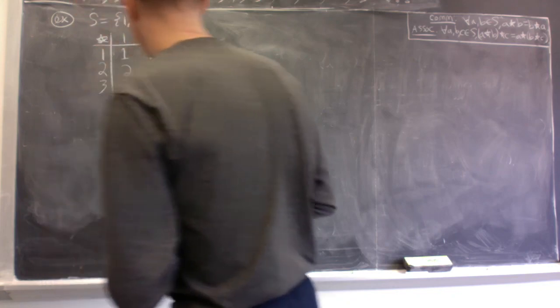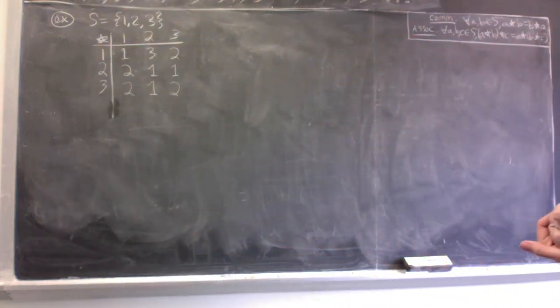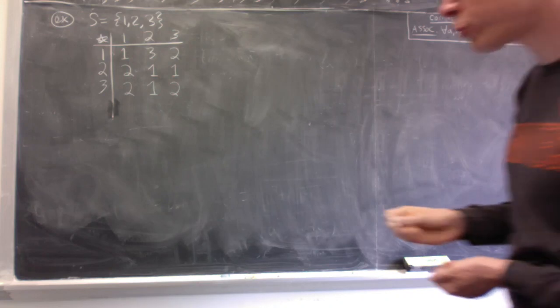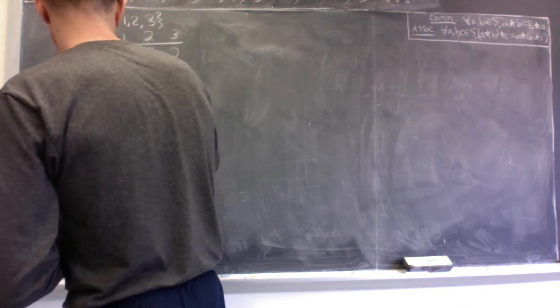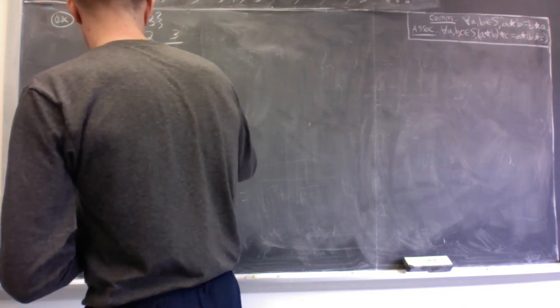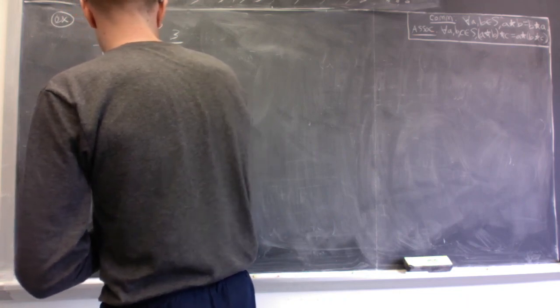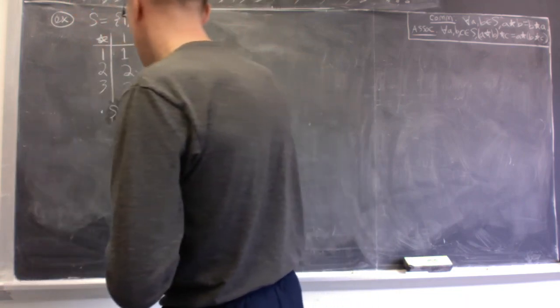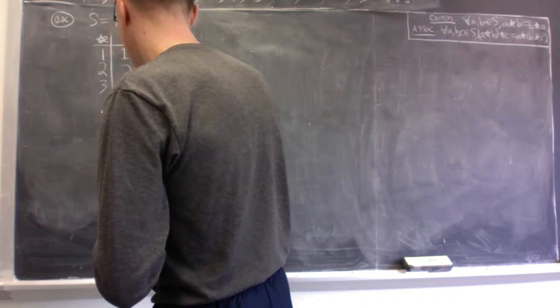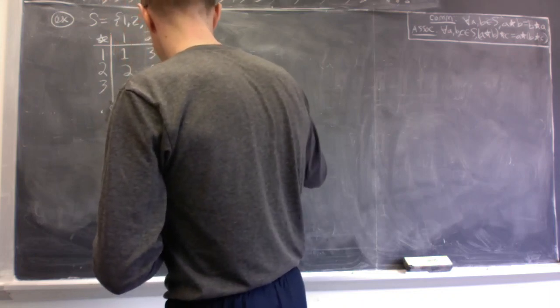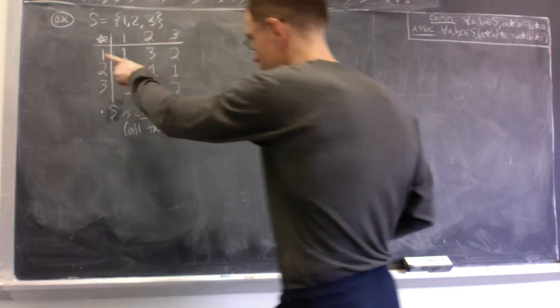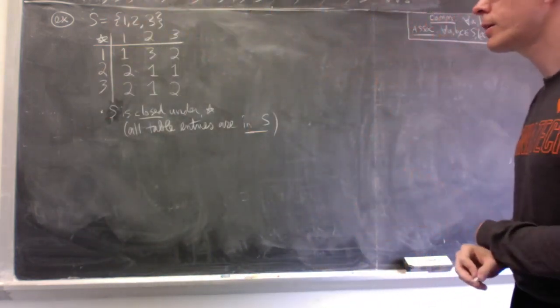Maybe that. All right. You can see everything in the table comes from the set S, so closure works. S is closed under star. It is a binary operation on the set, in other words, because all table entries are in the set S. As you just see immediately, everything's always 1, 2, 3.